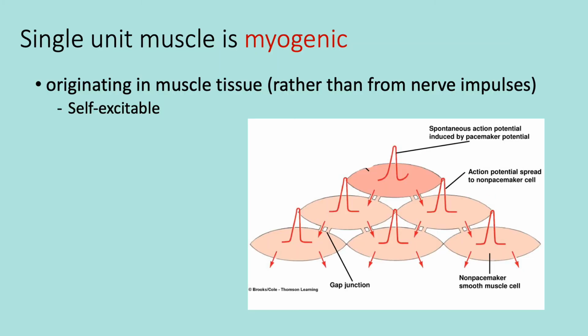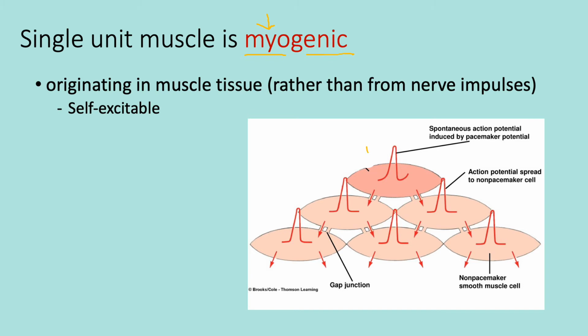And the last thing we'll say about single unit smooth muscle is that it is myogenic. That prefix myo meaning muscle and genic like genesis. So we can say that the genesis, or the origin of the signal for contraction, originates within the muscle tissue rather than from nerve impulses. So it's self-excitable. It doesn't need incoming nerve signals from autonomic fibers in order to contract. So let's look at this image here.